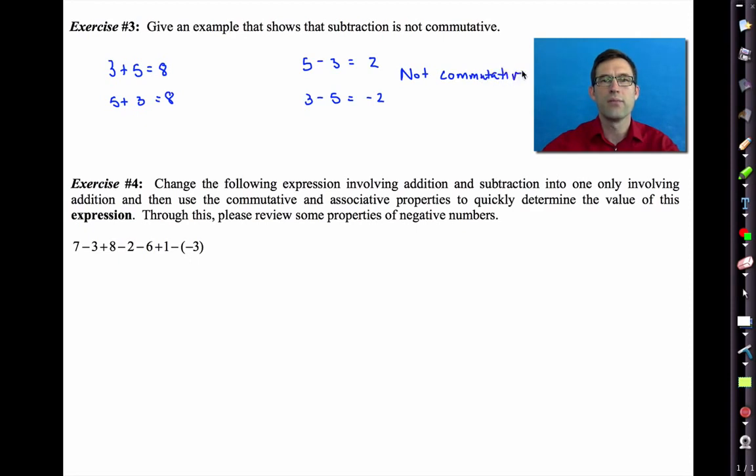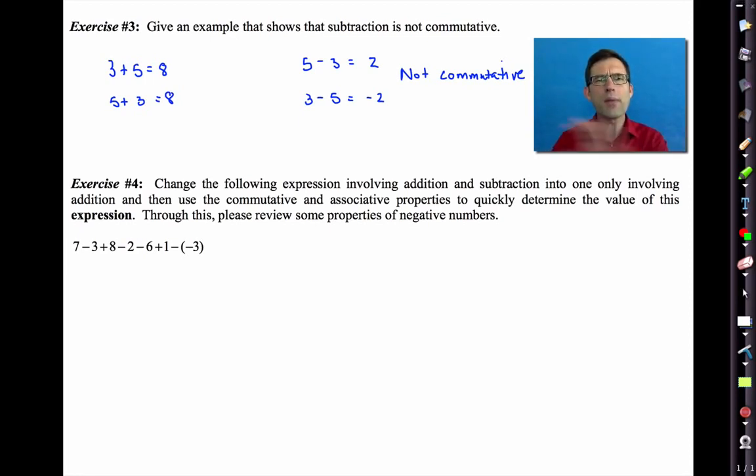Now, why do I even bring this up? Why do I bring it up at all? I bring it up because a lot of times we're going to want to manipulate algebraic expressions. Remember, an expression is just a combination of numbers that we know and numbers that we don't know. Maybe we know them all, maybe we don't know any of them, but it's just a combination of them using addition, subtraction, multiplication, division, and other operations, right?